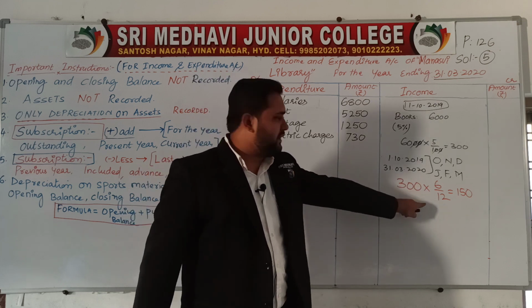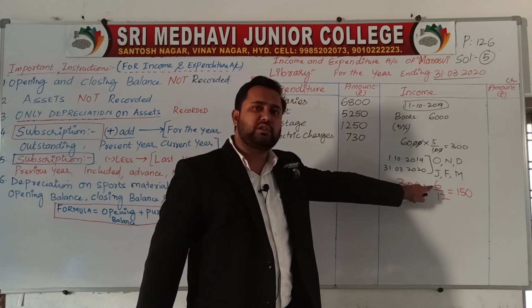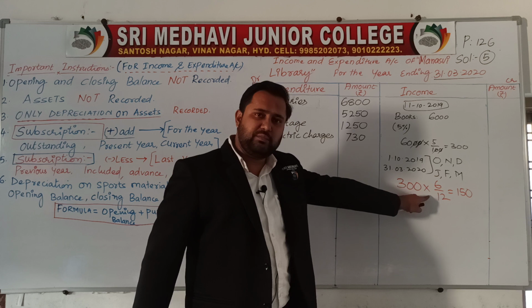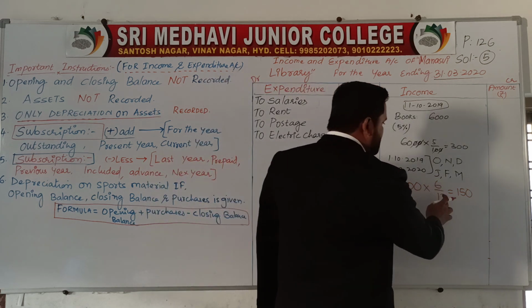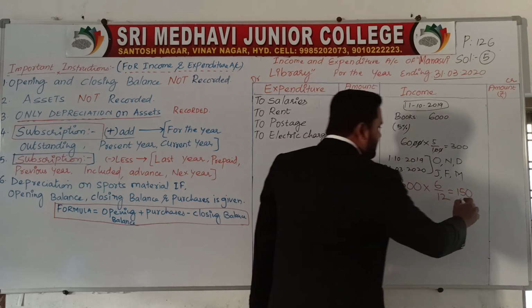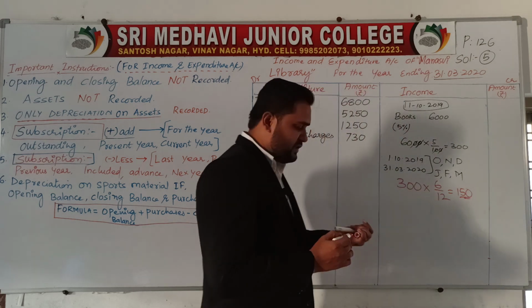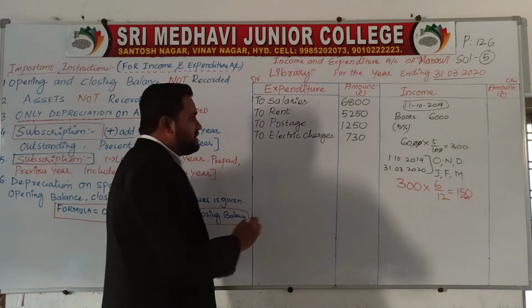300 into 6 by 12. 6 months we have used the books in this year. So we have to calculate depreciation for 6 months only. So 300 into 6 by 12 is nothing but 150, the depreciation on books, which is nothing but expenditure to you.